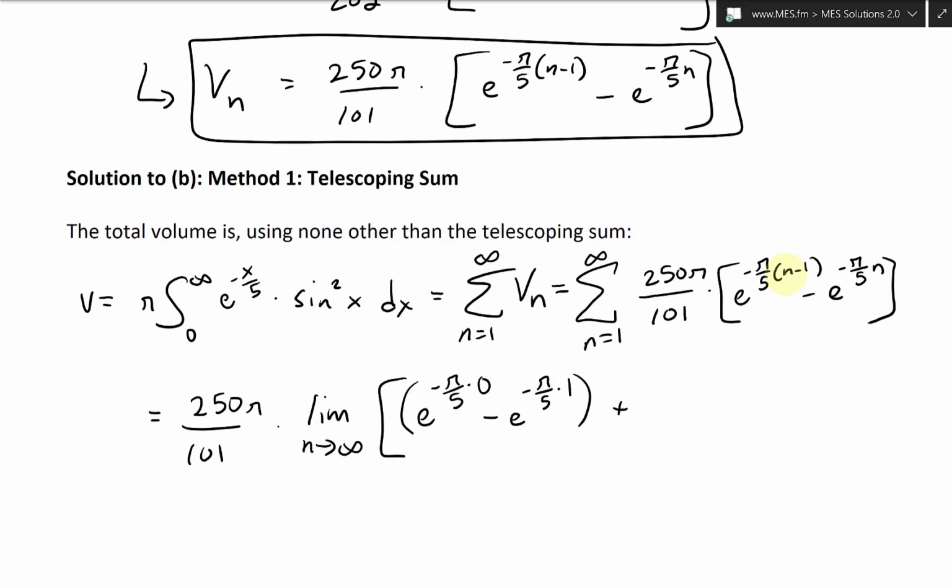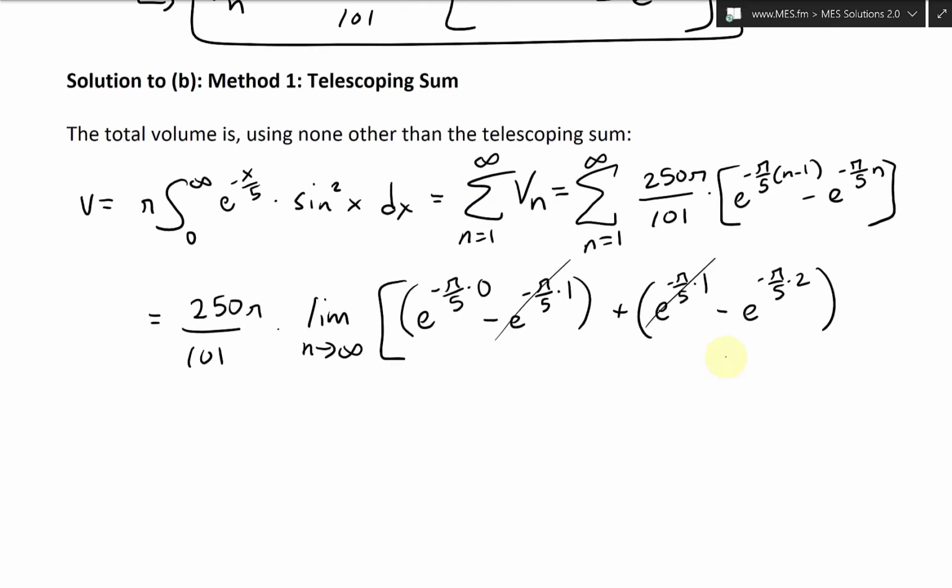Next, put n equals 2: e to the negative pi over 5, 2 minus 1 is just 1, and then minus e to the negative pi over 5 times 2. And notice what we have here: this cancels with this. That's just e to the negative pi over 5 times 1, and so on.